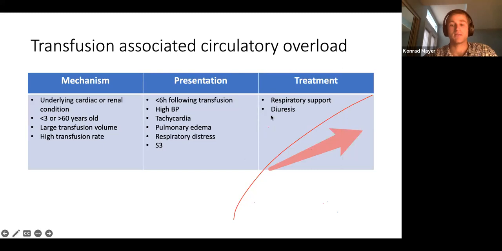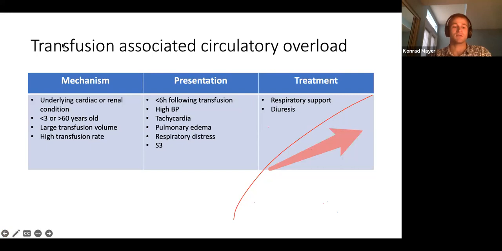Because these patients present with respiratory distress, treatment is respiratory support. But because this respiratory distress is due to a pulmonary edema, which in a way is a cardiogenic pulmonary edema, it can be treated with diuresis.